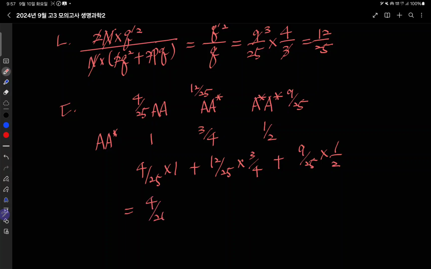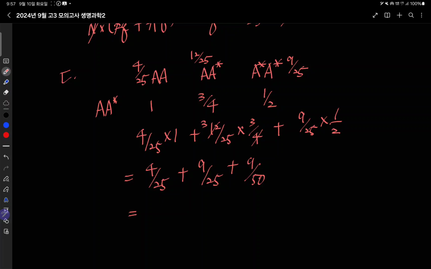So the first probability is 4 over 25. Second case is 9 over 25. Third case is 9 over 50.